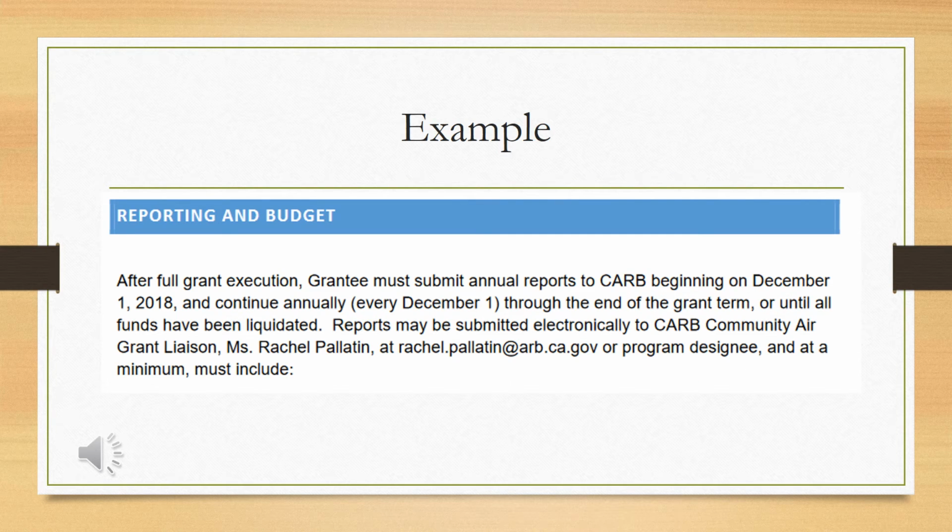So here's an example of how time can affect an evaluation. This is an example from a grant application from the California Air Resources Board that I copied and pasted to the slide, and the section I copied is the reporting section.